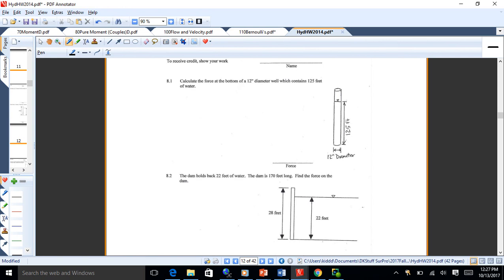So if you got this kind of thing, I usually just find the volume, which you can run through the numbers on. Watch your units on the volume. It should be 98.2 cubic feet. And then find the force, which equals the weight.